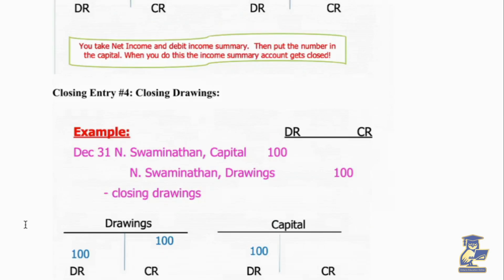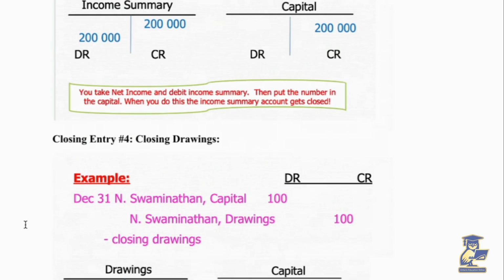So just remember that you need to close revenue and expenses into the income summary. Once you have found your net income, you close the income summary and then you close the drawings account directly into capital. Okay. And when you're trying to figure out if you need to debit or credit, you do the opposite of what you normally would.